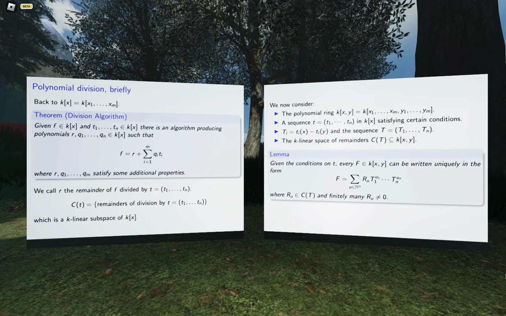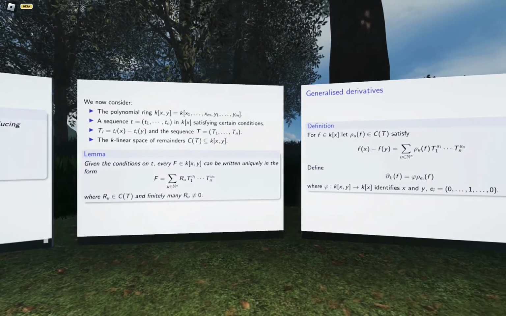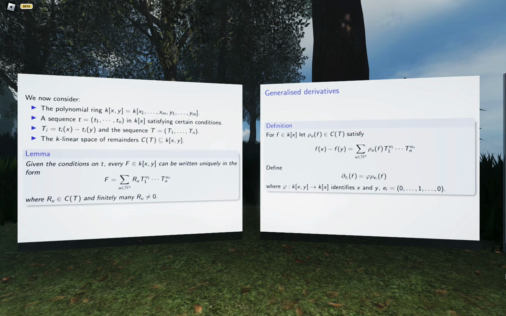Okay, so we're now ready to make our general definition. So we're going to fix some terminology. We're going to pass to the polynomial ring K[x,y], where we have the original variables x1 through xm, and then copies of those variables, which we call y1 through ym.